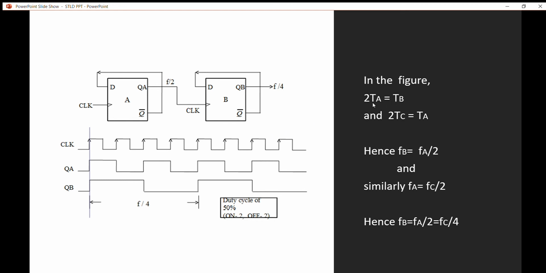Since we know that the frequency is inversely proportional to the time period, we can say that the frequency of the flip-flop B, that is FB, is half the frequency of the flip-flop A. Similarly, the frequency of the flip-flop A is half the frequency of the external clock signal. That is, we can derive this expression: FB is equal to FA divided by 2, and FB is also equal to FC divided by 4.